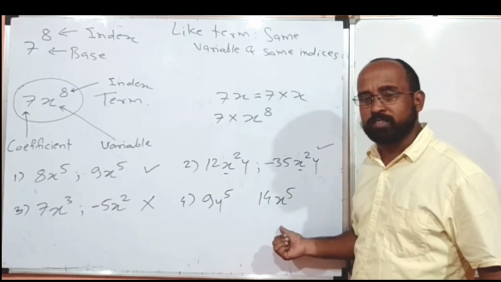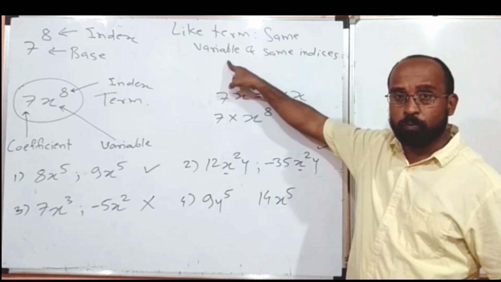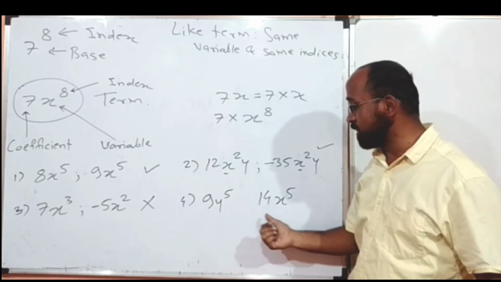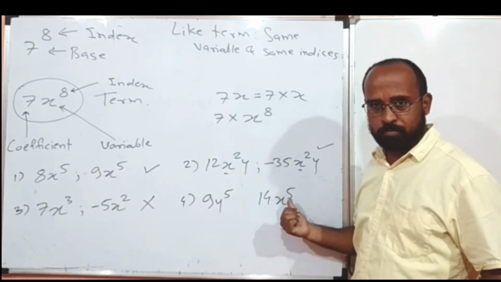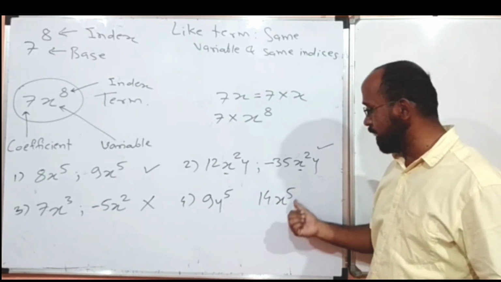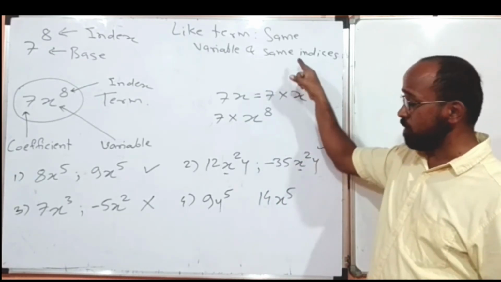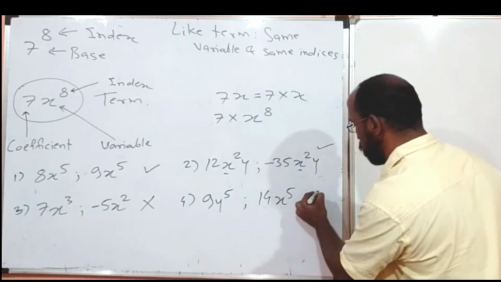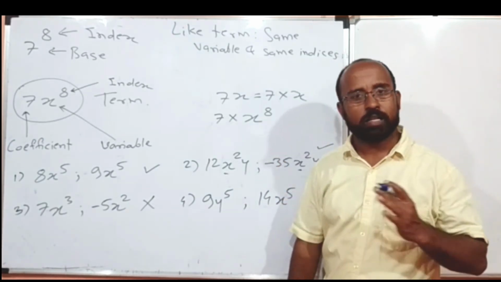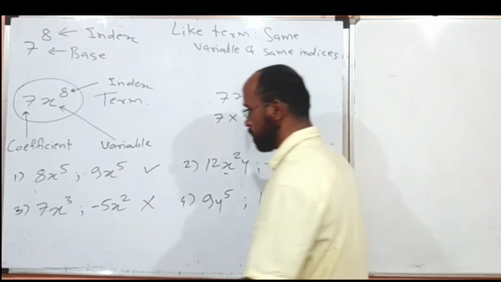Are these two variables same? No. We require same variables. So these are not like terms. Though their indices are same, here index is 5, here index is 5, variables are not same. So these two terms are also not like. Clear? Let us see one more example.